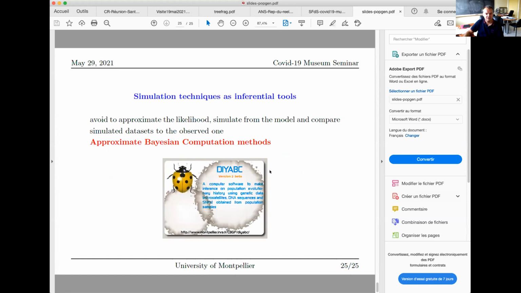And then we have developed a set of techniques which is called approximate Bayesian computation. And we avoid approximating the likelihood, and we simulate from the model and compare the simulated data set from the model to the observed one in a clever way, using some machine learning techniques like random forest or neural net. And we develop software.